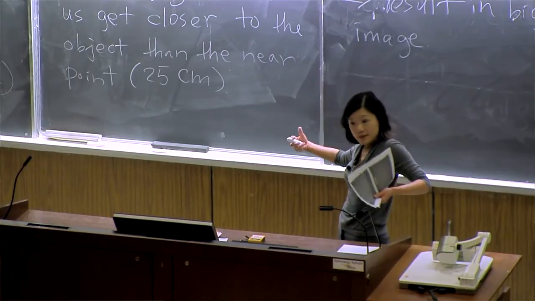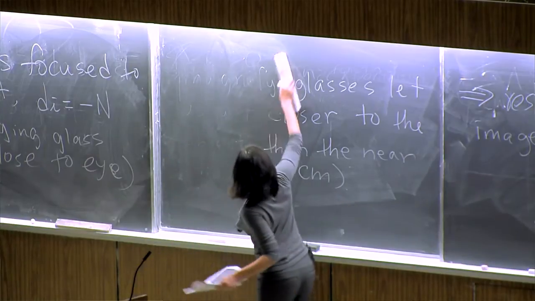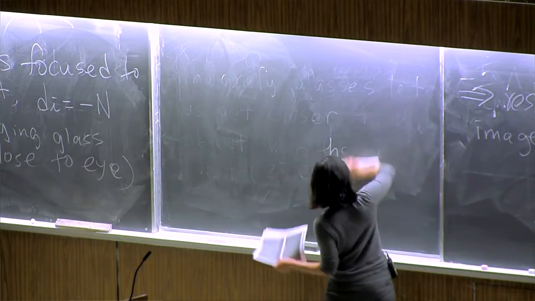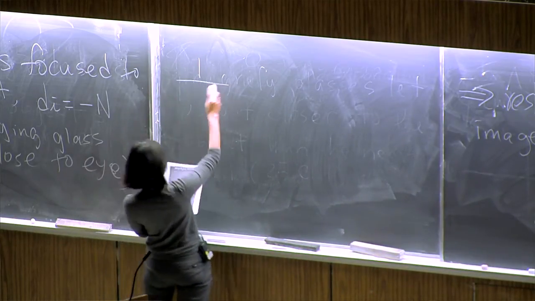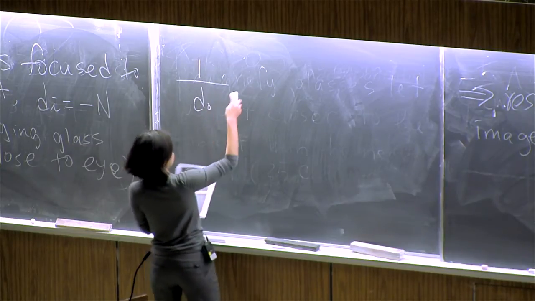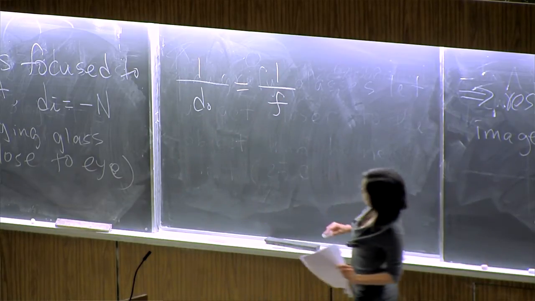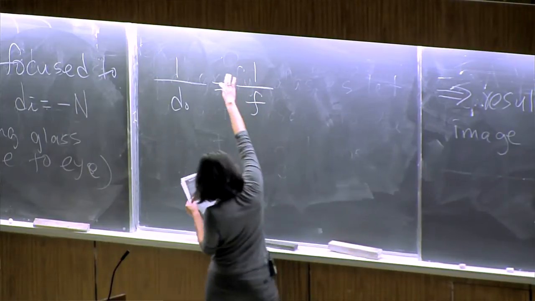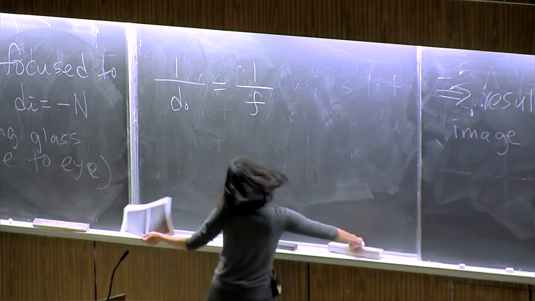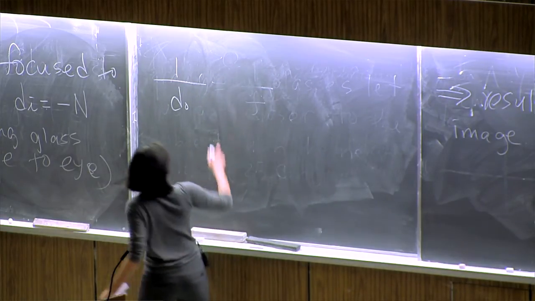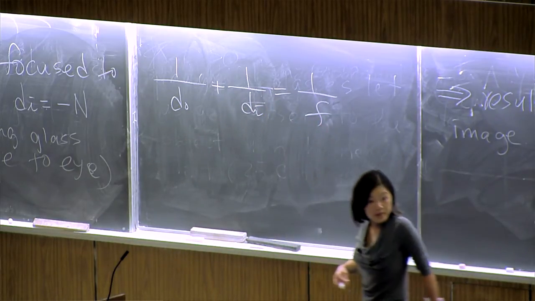So then we can make use of the lens equation, which tells us 1 over d0 plus 1 over di is equal to 1 over f, which is the focal length of the lens. So let me do it step by step. Right, this is a general equation.